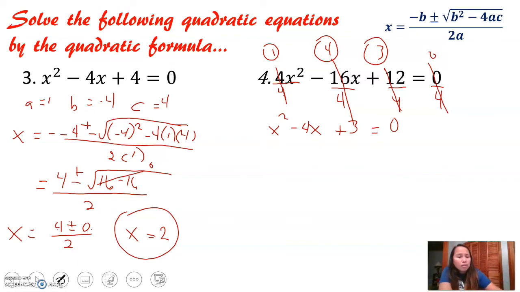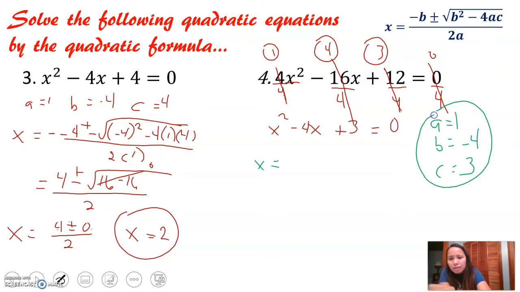Now I will advance to my quadratic formula. By the way, let's not forget, A is again 1, B is -4, C is 3. So if I apply my quadratic formula, my B is -4, so the negative of -4 plus minus the square root of B squared.